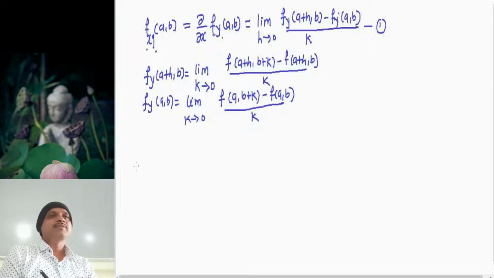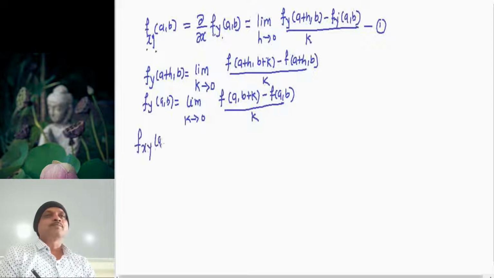f_xy at (a, b) equals the limit h tends to 0.